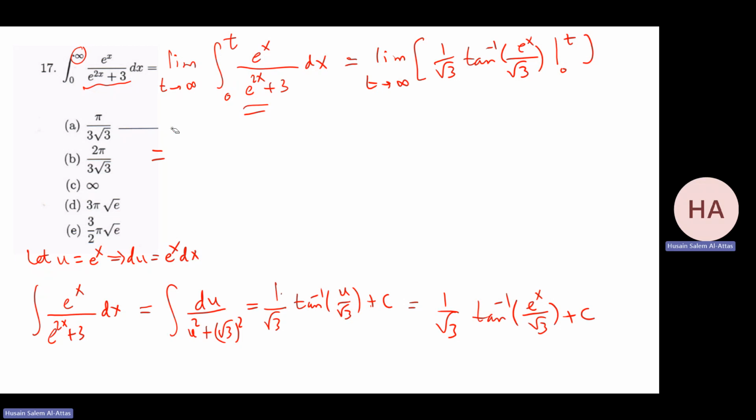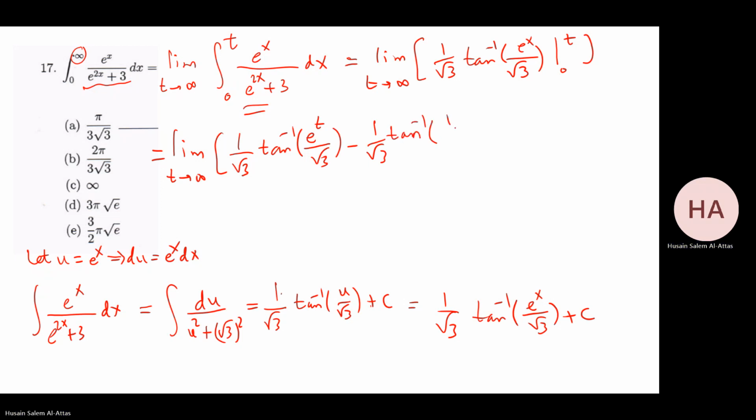That will be the limit as t goes to infinity of 1 over square root of 3 tan inverse of e to the power t over square root of 3, minus 1 over square root of 3 of what? e to the power 0 is 1, so it's tan inverse of 1 over square root of 3.